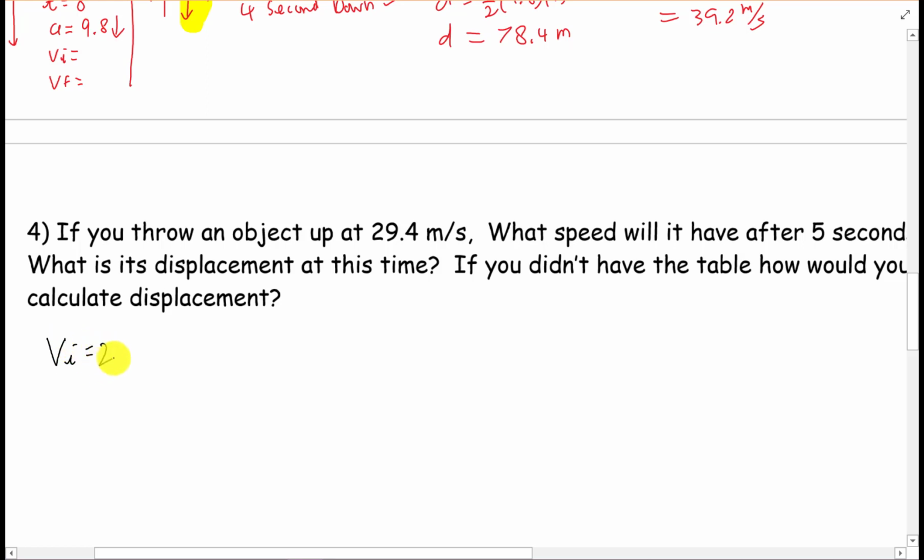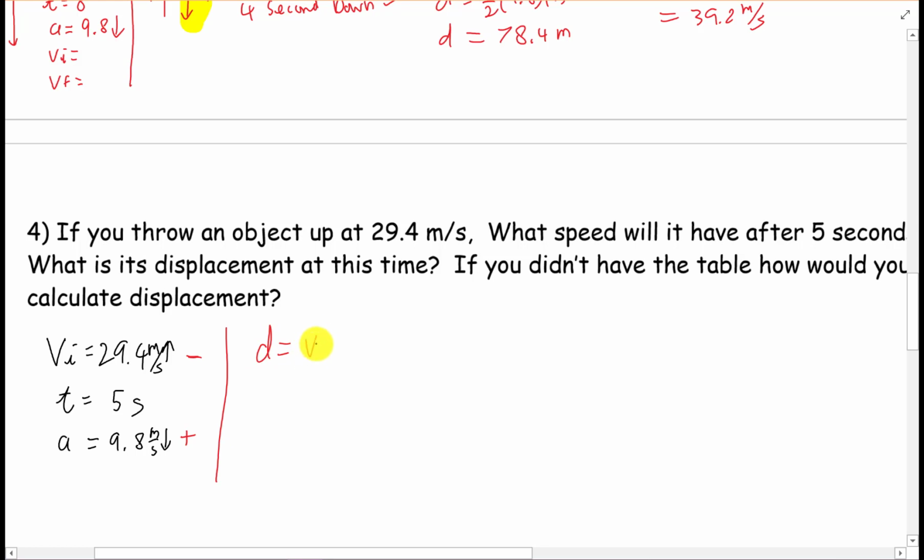VI is equal to 29.4 up, and what will its speed be, time is equal to 5 seconds, and the acceleration is 9.8 down. So again, Mr. Curl always makes up negative, down positive, it doesn't matter, and we want to know its displacement.